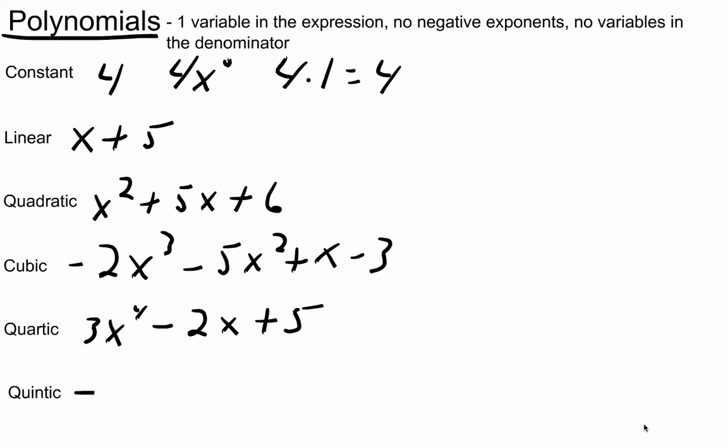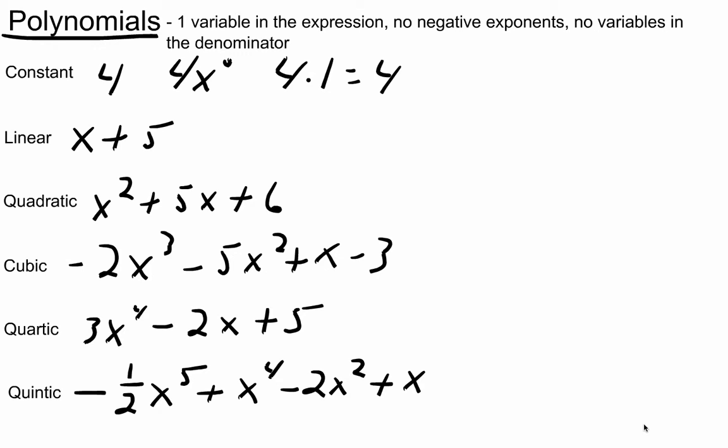And our last one could be negative 1/2 x to the fifth plus x to the fourth minus 2x squared plus x. You can see the highest exponent there is a 5, so that would be quintic. So we have constant, linear, quadratic, cubic, quartic, and quintic.